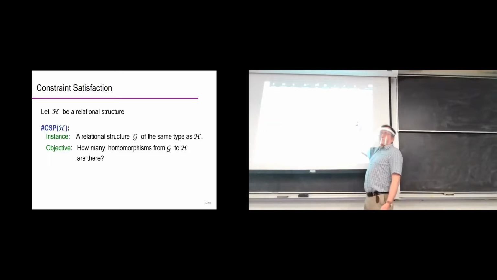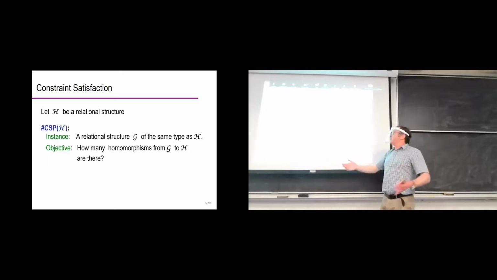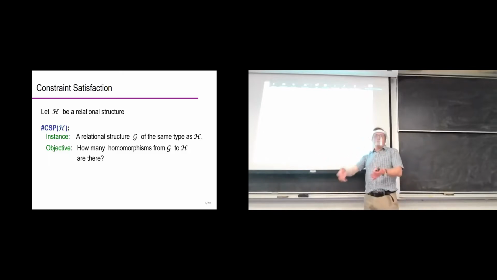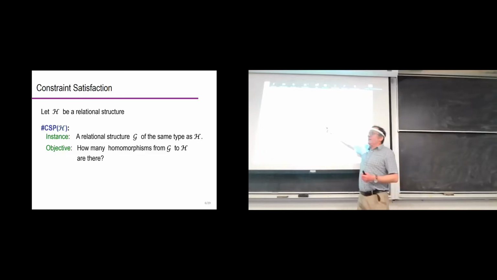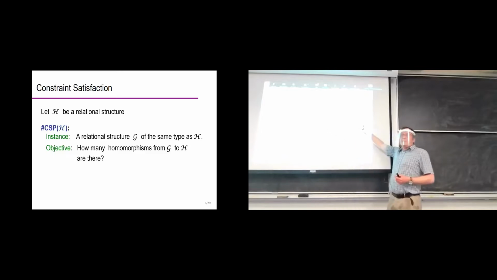If H is a graph, G should be a graph, and we're asking how many homomorphisms there are from a graph to a graph. For more general relational structures, we can define homomorphism in a very natural way: it maps every tuple from a relation here to the corresponding relation there. That's basically how it works. So this is the constraint satisfaction problem, H-coloring only for relational structures, nothing else.